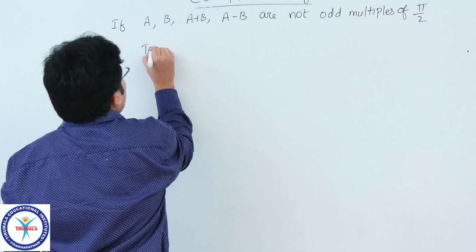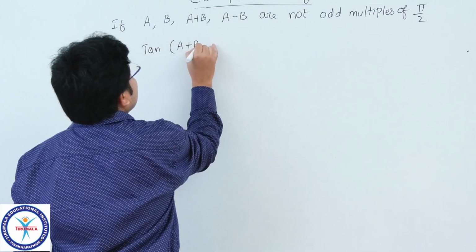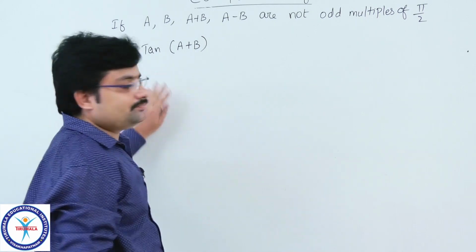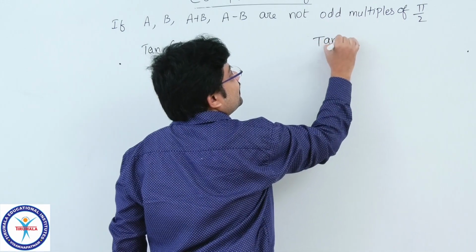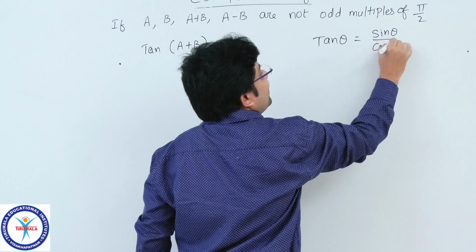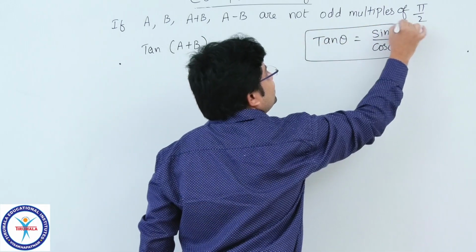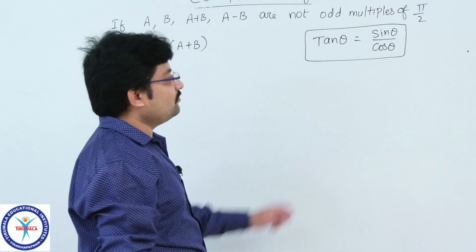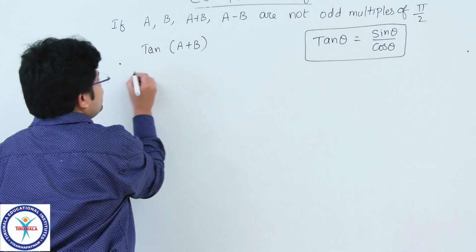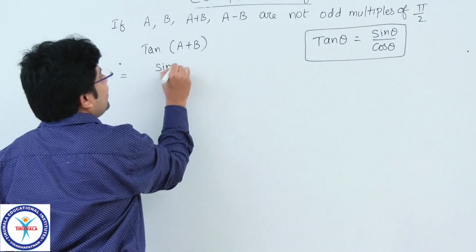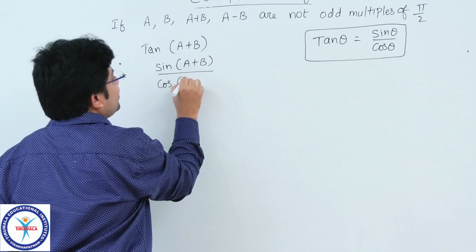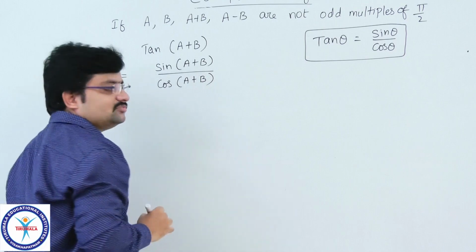So we have to find the formula for tan(A+B). We know that tan theta can be written as sin theta by cos theta. We have learned this in the quotient relation in the trigonometric ratios. So tan(A+B) can be written as sin(A+B) by cos(A+B).